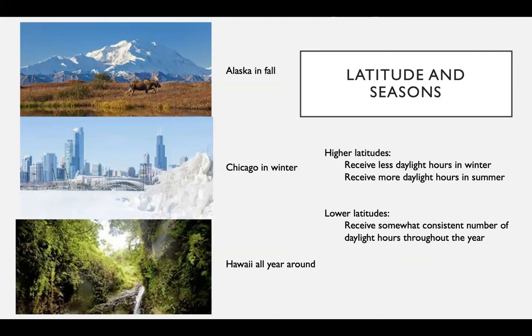Alaska is a high latitude area, so they receive fewer daylight hours in the winter and more daylight hours in the summer. Hawaii is a lower latitude area, and they receive a somewhat consistent number of daylight hours throughout the year. That's how they can have a jungle climate year round, and they mostly get 12 hours per day of daylight.